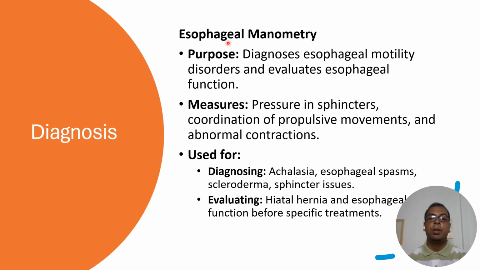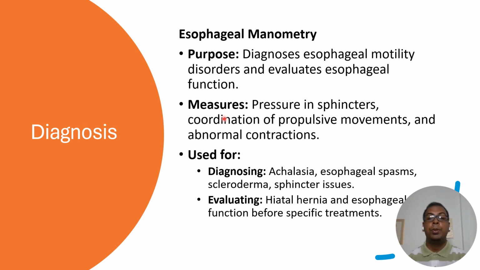All right, so esophageal manometry is the gold standard way in which we would diagnose achalasia. So I've included a bit about what esophageal manometry really is. The purpose is to diagnose esophageal motility disorders, and it evaluates esophageal function.